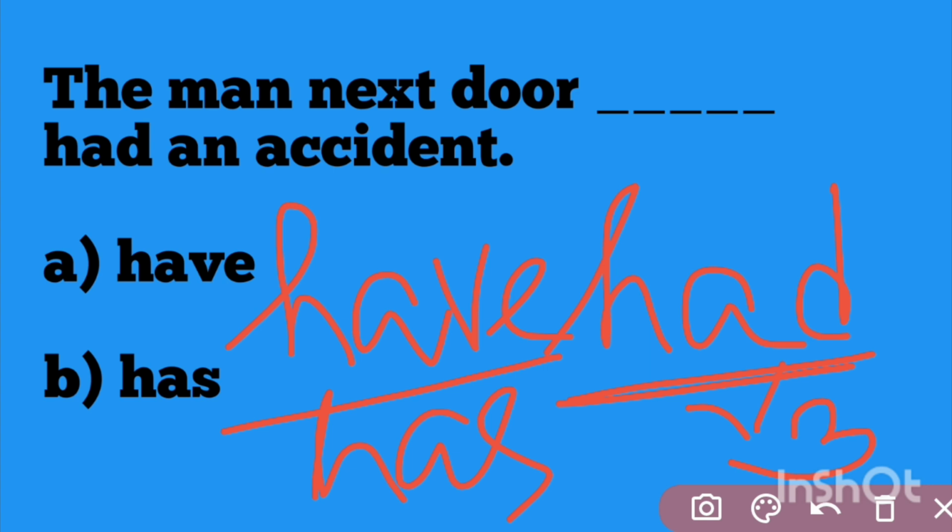So think about this. Here in this part, the man next door is the subject. Friends, here next door is the description of this man. So the subject is basically the man. The man is singular, so obviously we have to write down has.